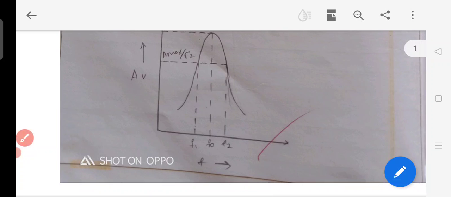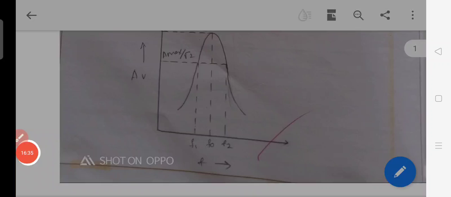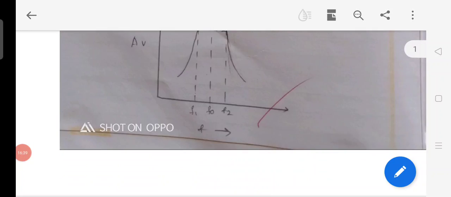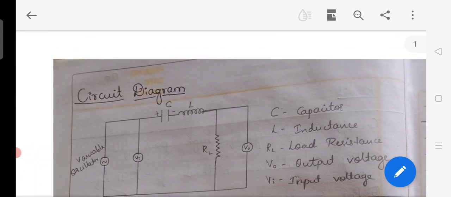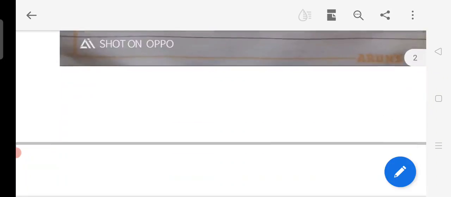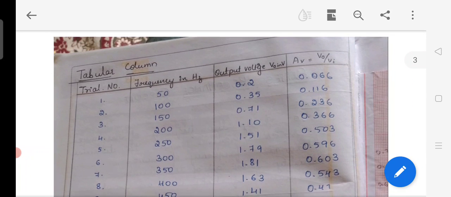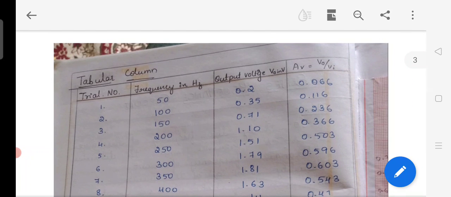Further, if we move on, we are going to obtain a tabular column. In this experiment, I think we had discussed in the last experiment, we varied a different range of frequencies.